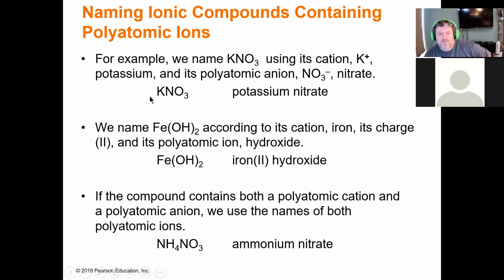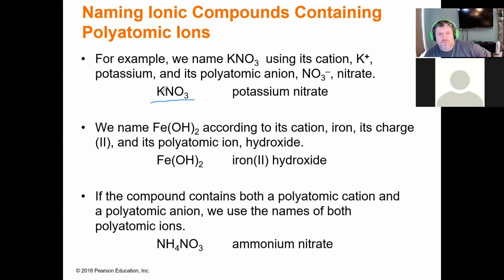So let's look at this thing here. We've got potassium and nitrate. Now, you've got to get in the habit of looking at this and saying, oh, bam, there's a polyatomic ion. How are you going to do that? Practice. Memorizing your polyatomic ions helps. Another thing, anytime there's more than two things, it's a polyatomic ion.